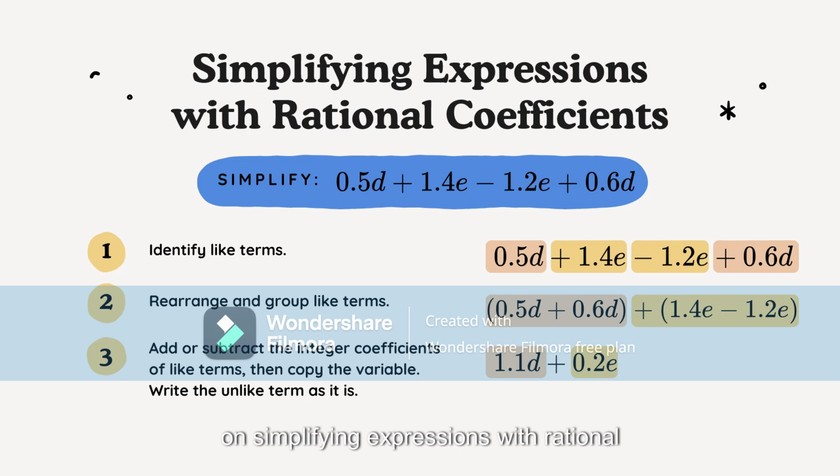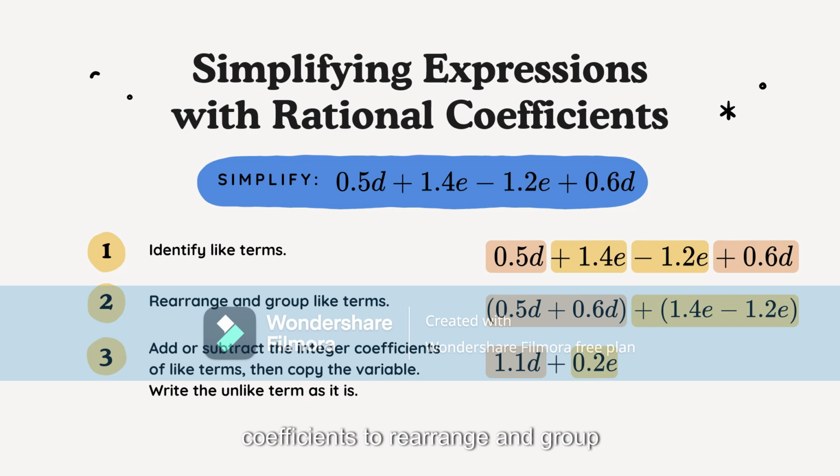Simplifying expressions with rational coefficients. Simplify 0.5d plus 1.4e minus 1.2e plus 0.6d. Step 1. Identify like terms. It is same as which we did in the integer coefficients.